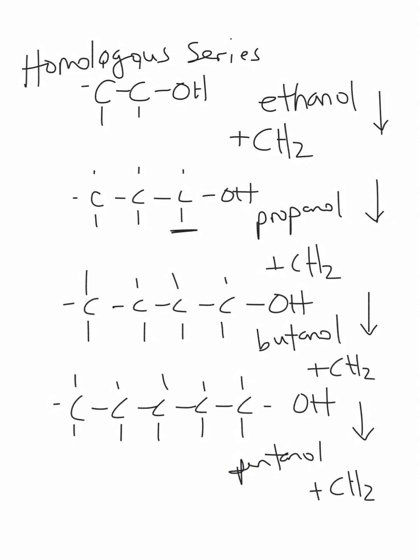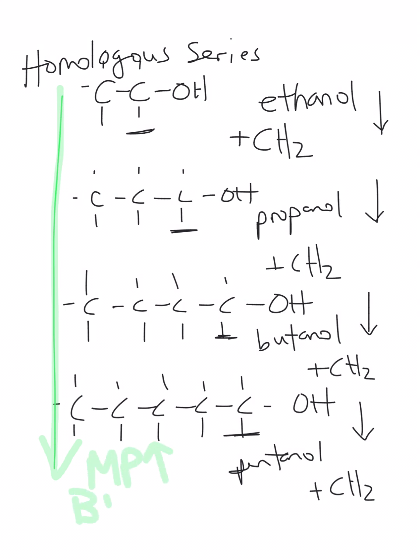As you progress through a homologous series of pretty much any organic compounds, with alcohols being representative, you'll see that as you go from smaller to larger, the melting point increases and the boiling point increases. Why is that?